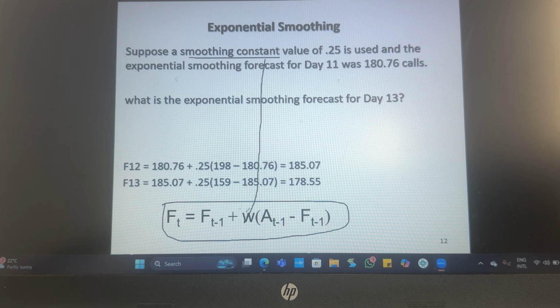It is up to the researcher to give a value for it. For this example, you can use 25%. And A is the actual figure, so you write the word actual. F is the forecasted.